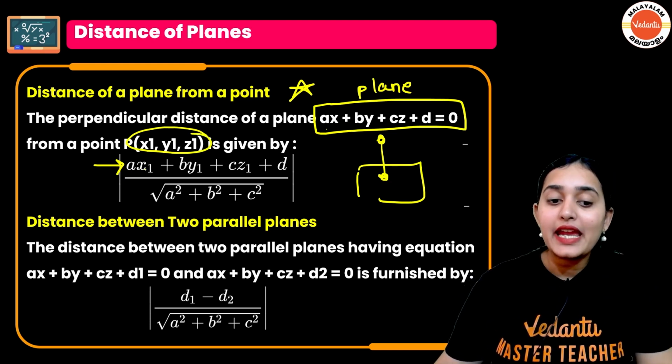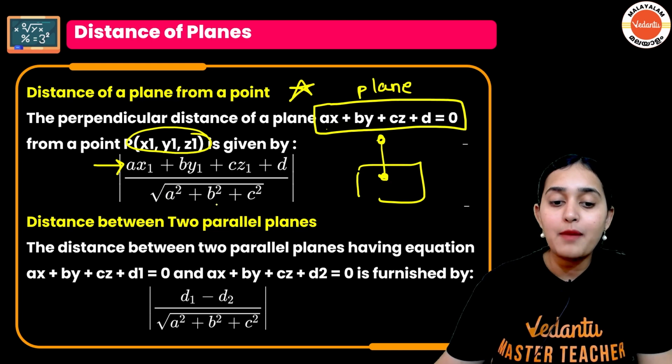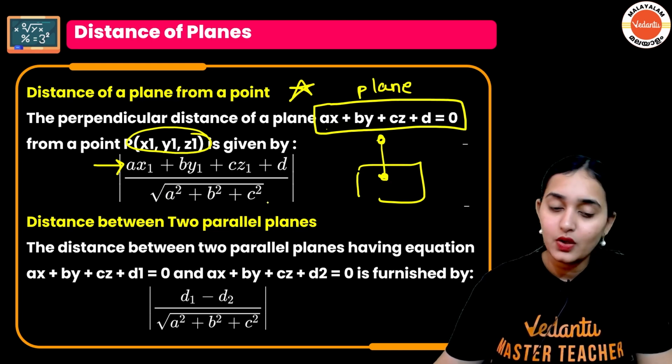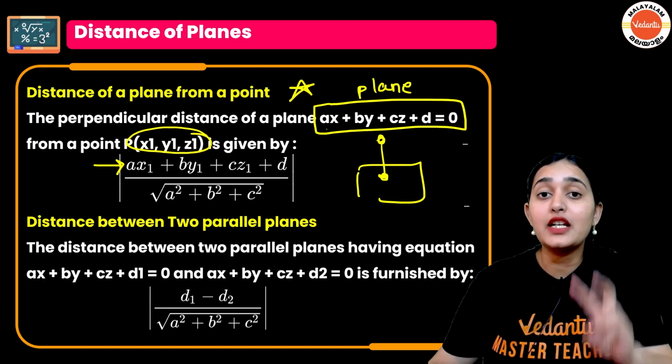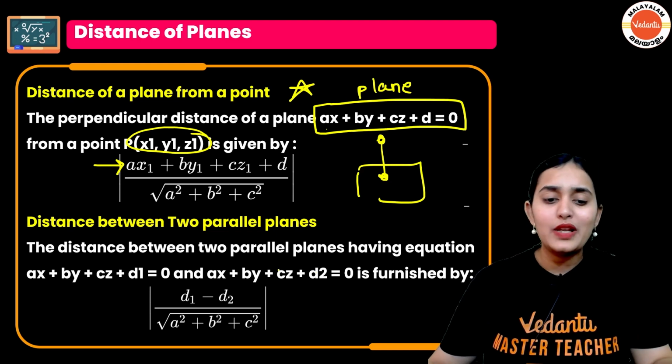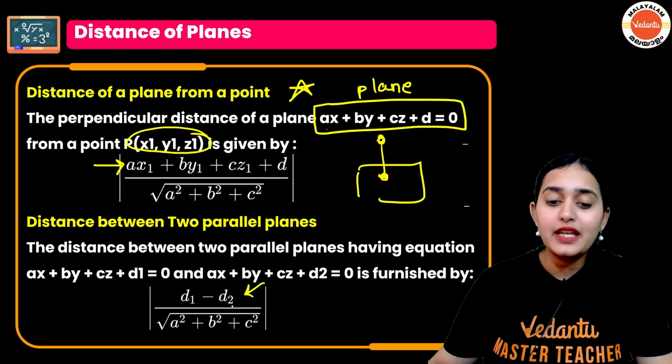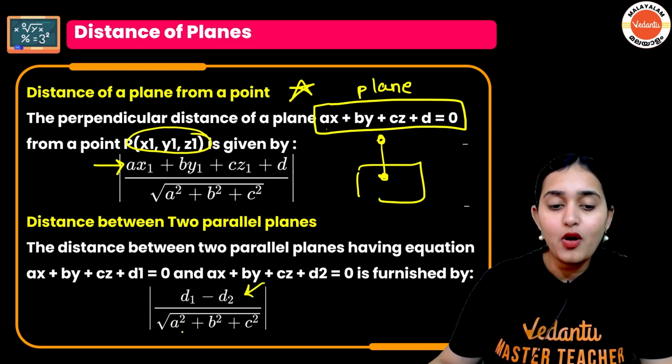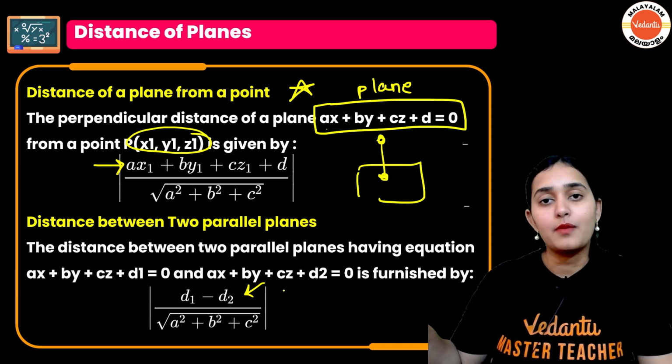So it will be |a x1 + b y1 + c z1 + d| upon root over a square + b square + c square. Now the distance between two parallel planes will be simply the difference of their d1 and d2 upon root over a square + b square + c square.